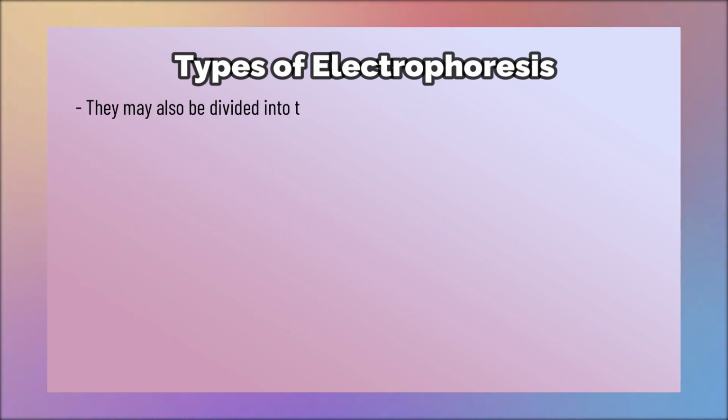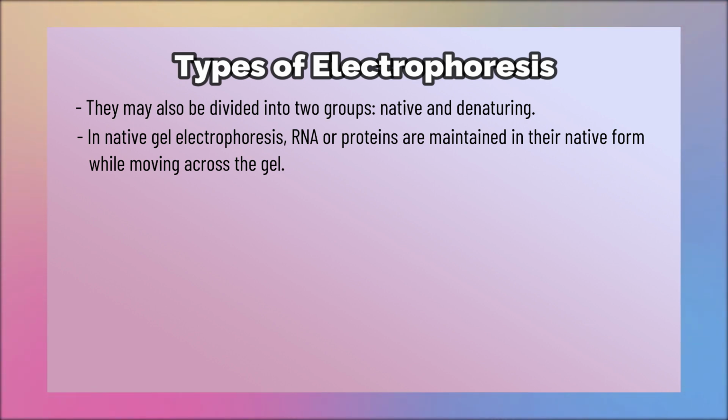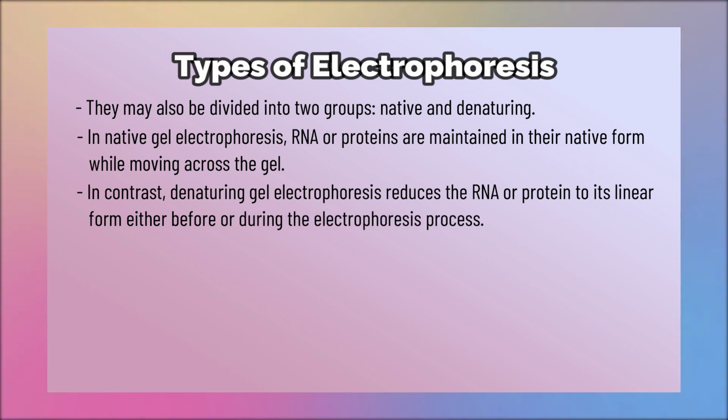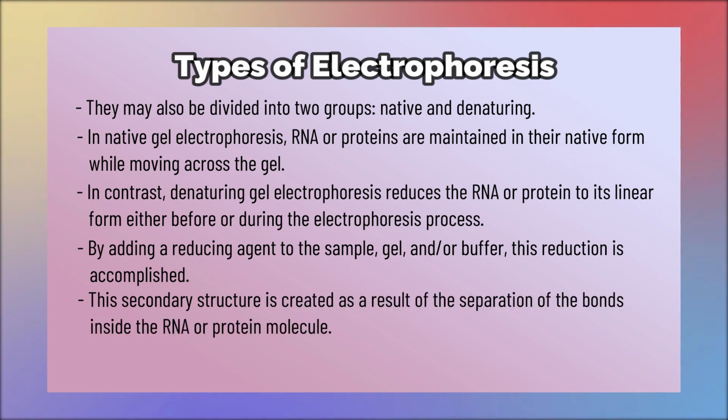They may also be divided into two groups: native and denaturing. In native gel electrophoresis, RNA or proteins are maintained in their native form while moving across the gel. In contrast, denaturing gel electrophoresis reduces the RNA or protein to its linear form either before or during the electrophoresis process. By adding a reducing agent to the sample, gel, and/or buffer, this reduction is accomplished. This secondary structure is lost as a result of separation of the bonds inside the RNA or protein molecules.